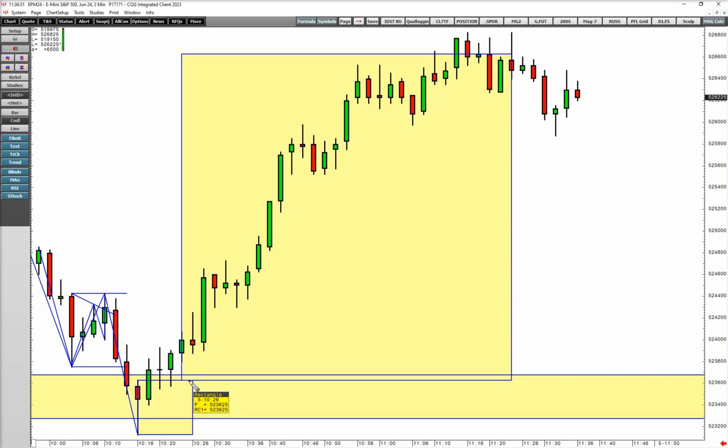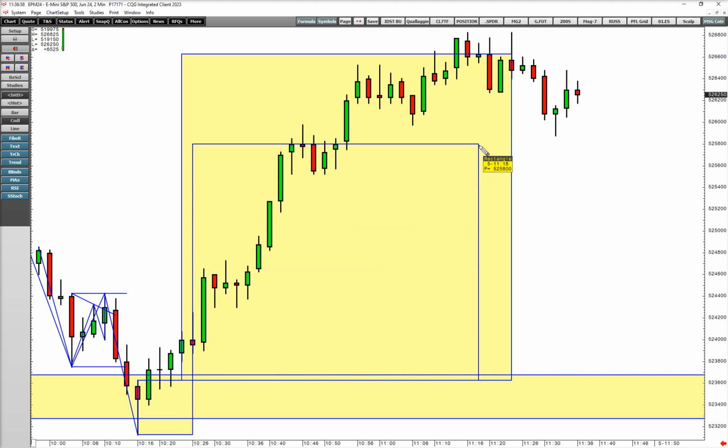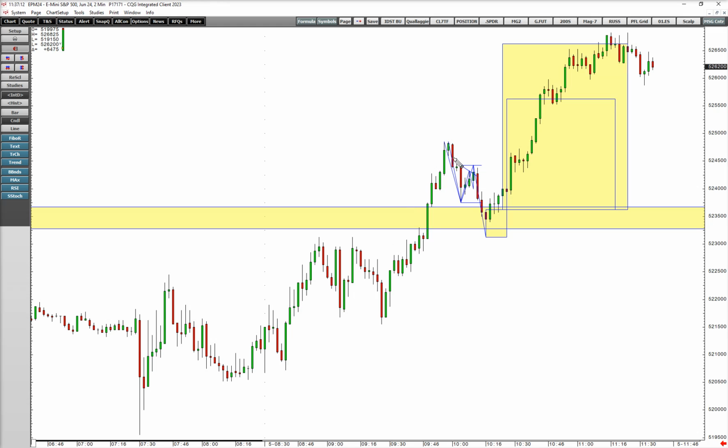We typically go for 4R, so that's more to 56.25. And you could have gotten that between 10:16 and 10:42, so less than 30 minutes. You would have gotten 4R on that ABC pattern.